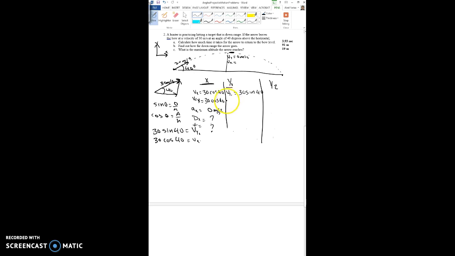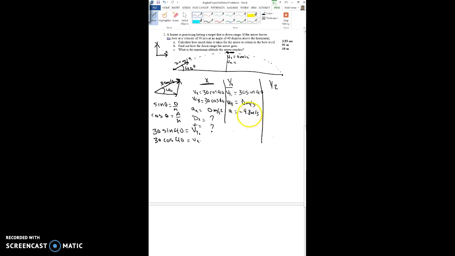Same thing for y1. What is the final velocity in y1? When it reaches the top, the velocity is 0 meters per second. The acceleration is negative 9.8 meters per second squared.